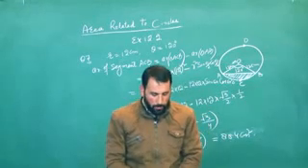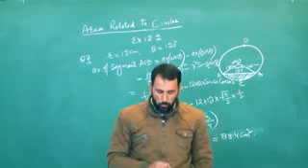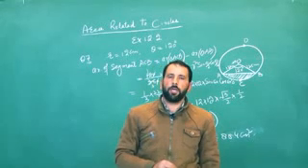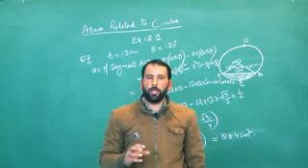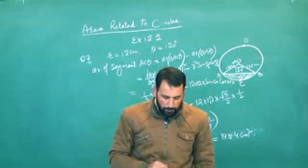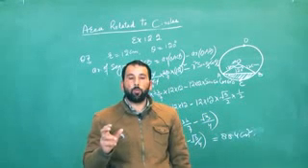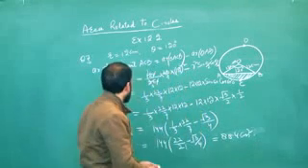A brooch is made with a silver wire in the form of a circle whose diameter is 35 mm. And the wire is also used in making 5 diameters, which divides the circle into 10 equal parts, as shown in this figure. We draw the figure of this question.